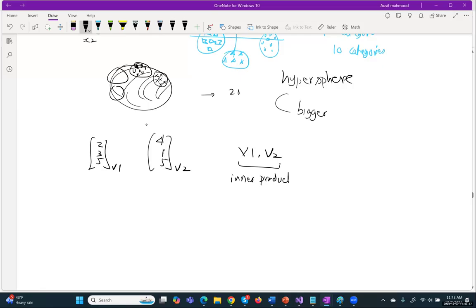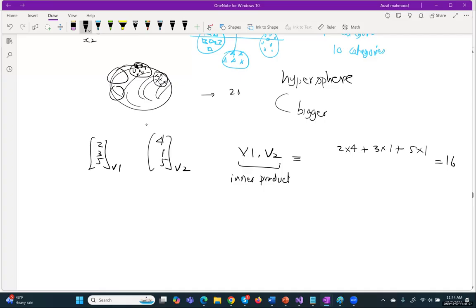Inner product is basically multiplying corresponding numbers and adding. So what will be the inner product over here? 2 times 4 plus 3 times 1 plus 5 times 1. So 8 plus 3 is 11, plus 5, 16 is the inner product.